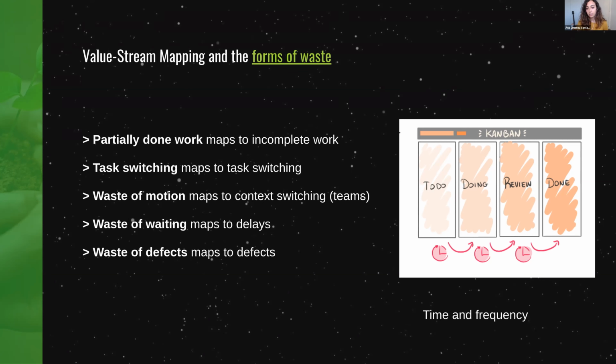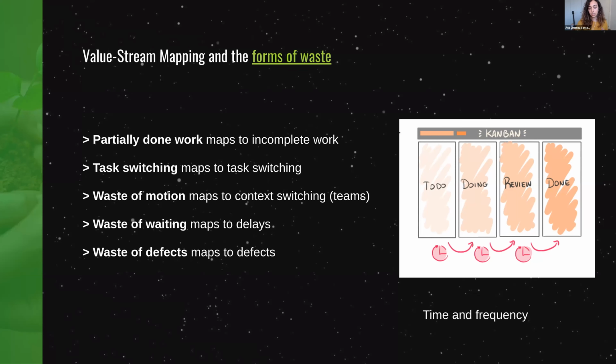So that's incomplete work, and of course it takes time, but no one does anything at the end. Then we have task switching, so the time that it takes to switch from one task to another. We also have waste of motion. It's similar to task switching, but in this case it's not just one individual switching tasks, but maybe a team that had to do one specific task, and when that's done, they move it to another team, and that team might get blocked for some reason.